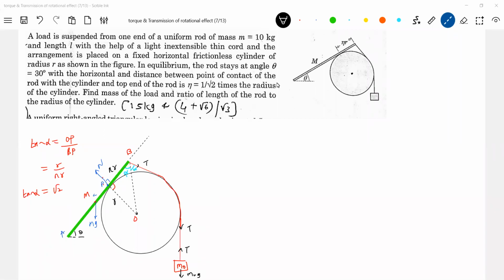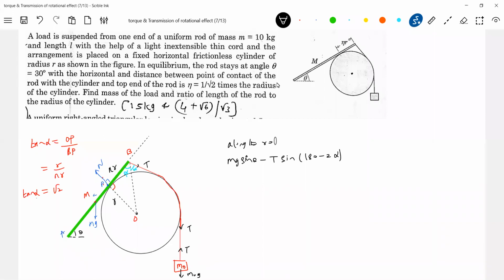Okay, let's get into the thing, that one T. So then the component of tension is T sine of 180 minus 2 alpha. So then along the rod, mg sine theta minus T sine of 180 minus 2 alpha. Do we know alpha? As tan alpha, we know it. Then with that, what will I get?